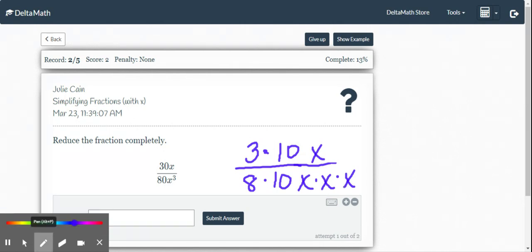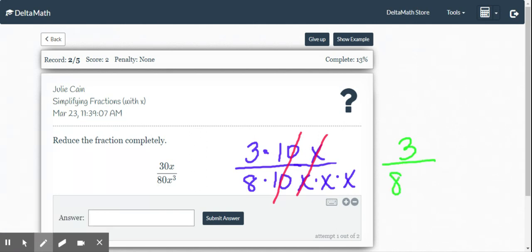Now what we're looking to do here is simply achieve oneness. We want to reduce our fraction. Anything that's a like term top and bottom, we can reduce. So we can take the 10s out and we can take out the x's. That leaves us with 3 on top, and we have 8 and 2 x's, so that would be x squared on the bottom.